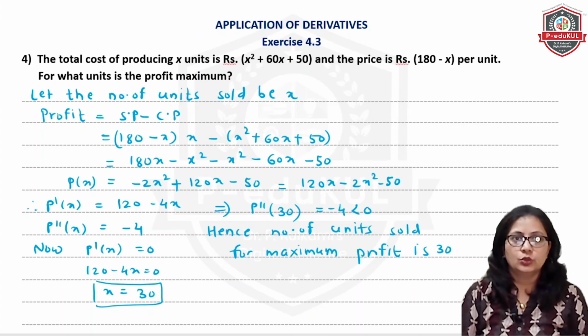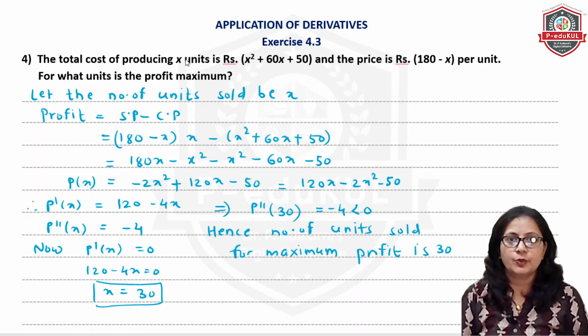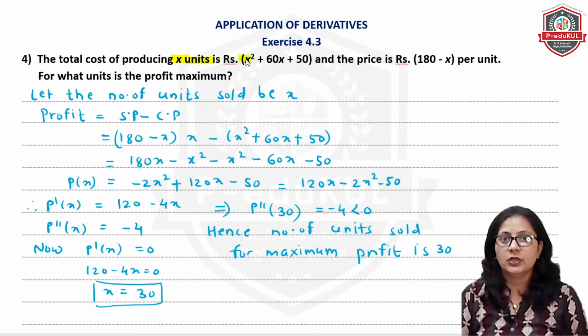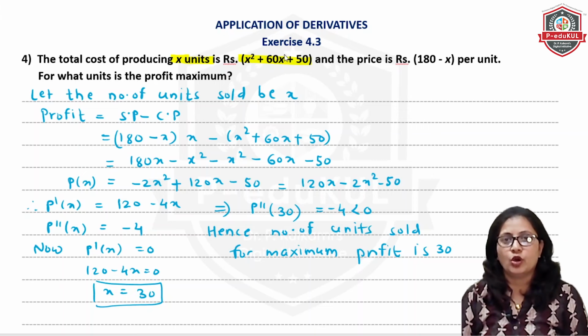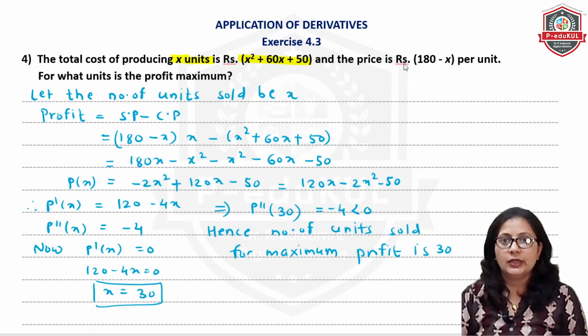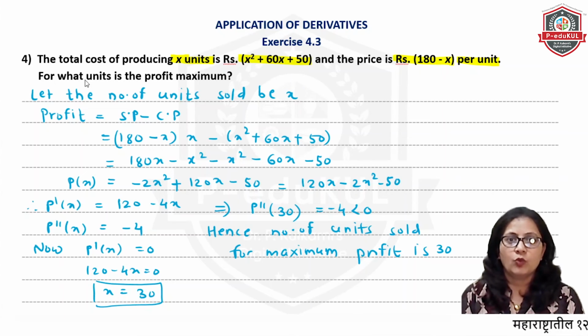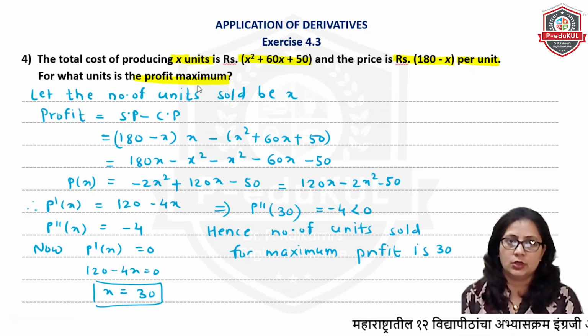Okay. So the total cost of producing x units, the number of units are x, is given as x square plus 60x plus 50. So the cost is given in the form of a quadratic equation, and the price is 180 minus x per unit. So for what units is the profit maximum? So we need to find out the number of units.